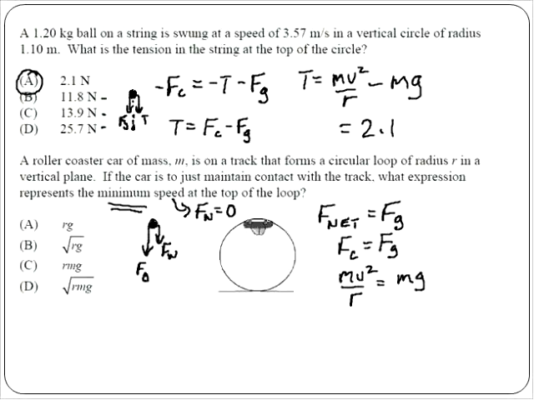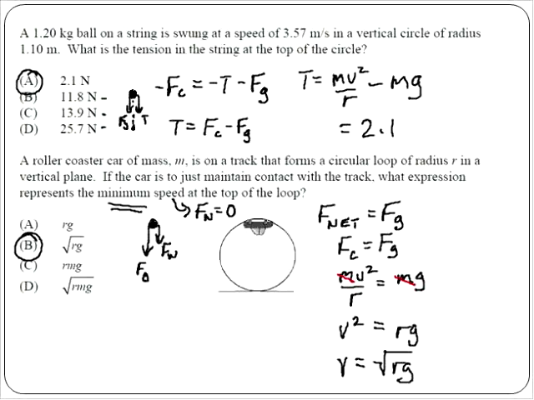I can cancel out my masses, and I'm left with this expression. V squared equals r times g, which means V equals the square root of r times g, which obviously is this expression right here.